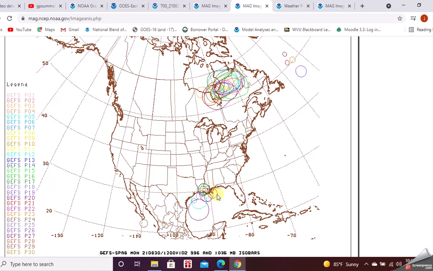These are the model forecasts for that potential hurricane. So I have one over here coming in towards the Gulf week. I have a whole bunch coming into Louisiana. Oh yeah, but I do have some coming into parts of Mississippi here.